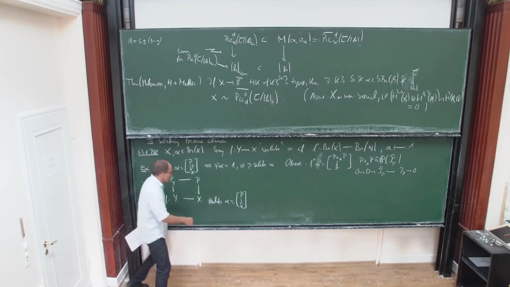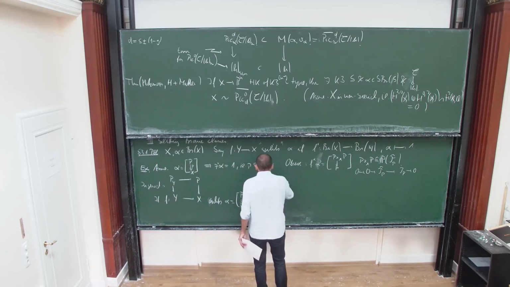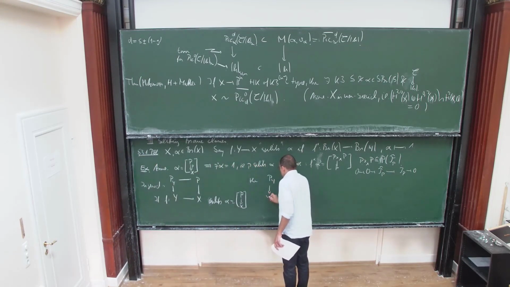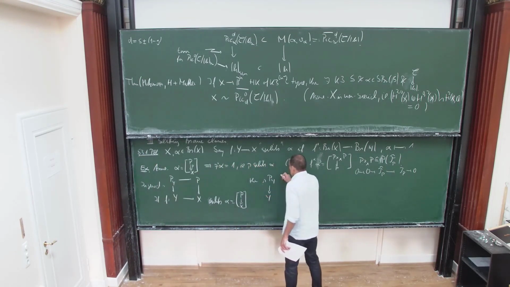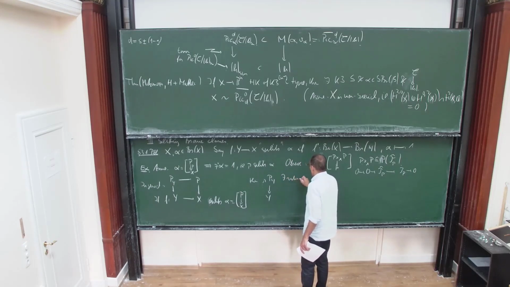Okay? Then P_Y has a rational section. This is the rational section.